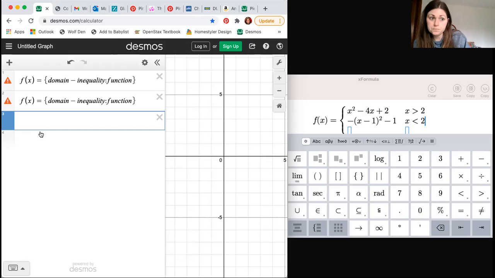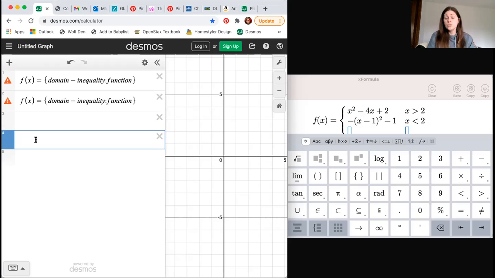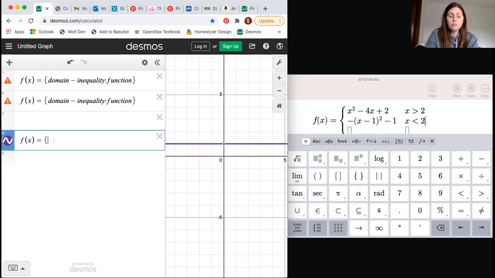Okay. All right. So to actually graph this piecewise function, I want to graph this one with you. So f of x equals the brace. Again, I'm going to do that first row, and based on my formula, if you will, or my fill in the blank thing over here, I have to do the inequality piece first.